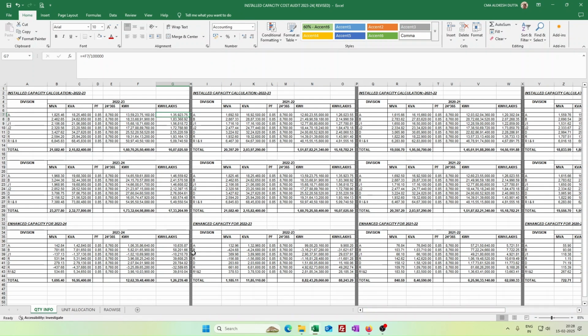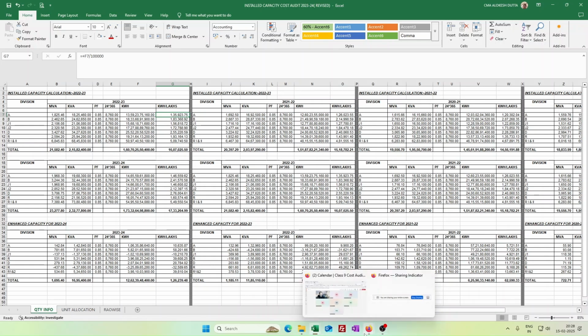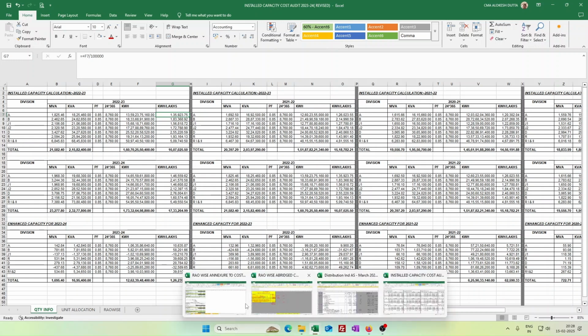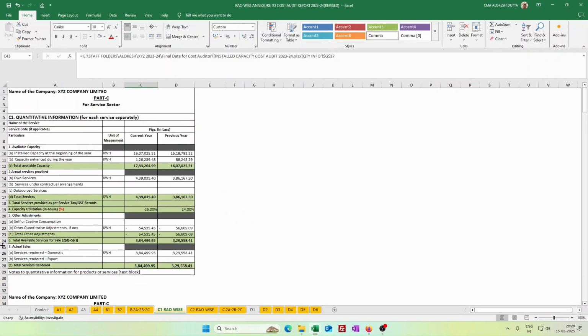The company has prepared this data. I have nothing to do with it. Whatever data they have certified is there. So for quantitative details, you have to collect the data from the company, signed data, obviously. Now, this is the installed capacity opening during the year.